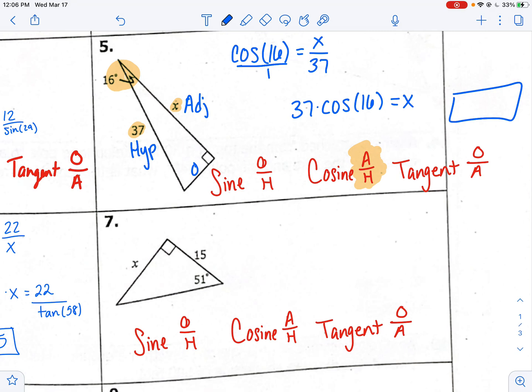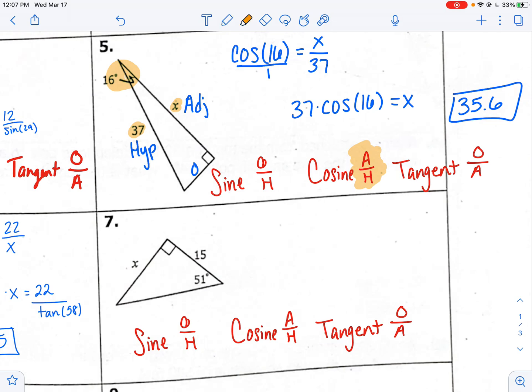So here, if I type in 37 times the cosine of 16 in my calculator, make sure I'm in degree mode, and it would be 35.6 as that side length. 35.6 units if we were using units.